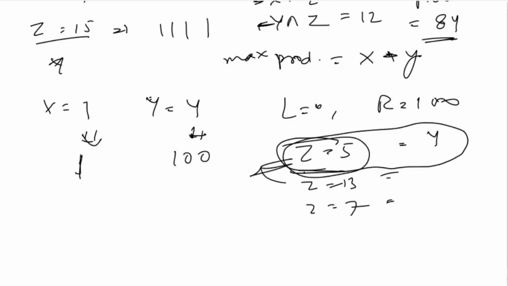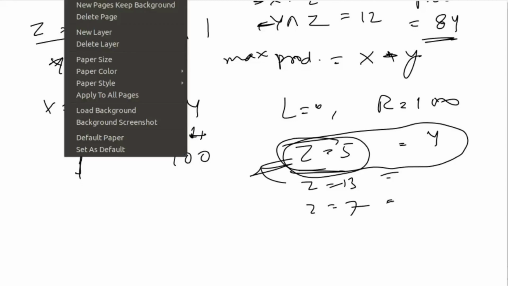Okay, so let's see how we can solve this problem. We'll solve the first subtask first, because there is an important result in it that we will use to solve our main subtask. In the first subtask you have L equal to 0 and R greater than or equal to 2 into max of x and y.